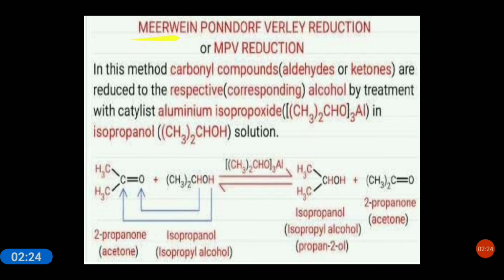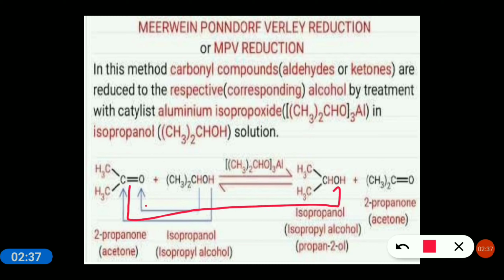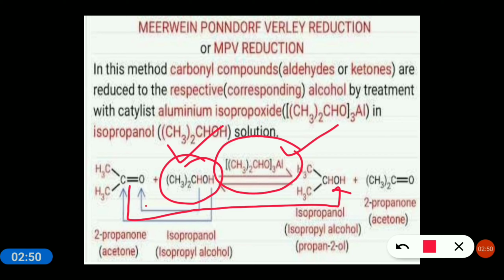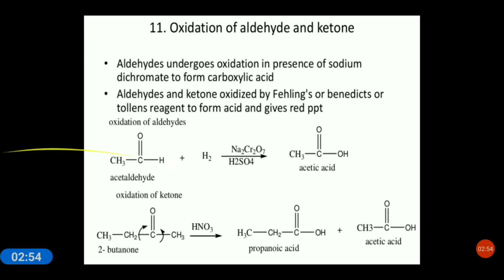Next we have discussed the Meerwein-Ponndorf-Verley reduction, the MPV reaction. The MPV reaction also converts ketones into alcohols, but here aluminium isopropoxide in isopropanol solution is the reagent, and that's why it is the MPV.